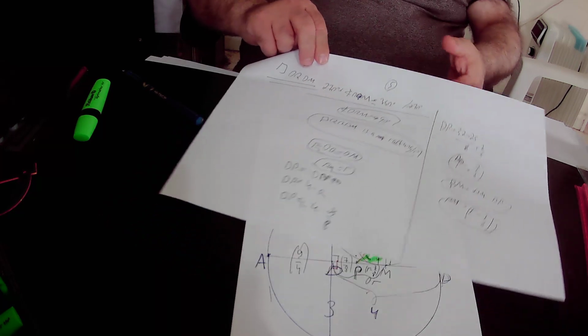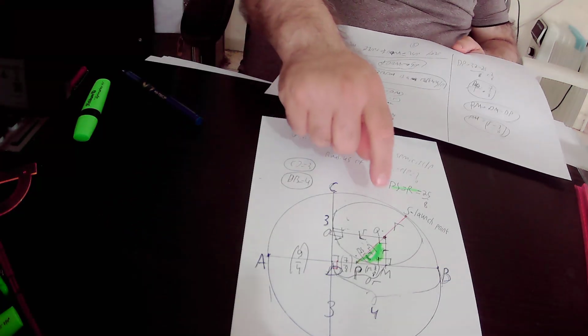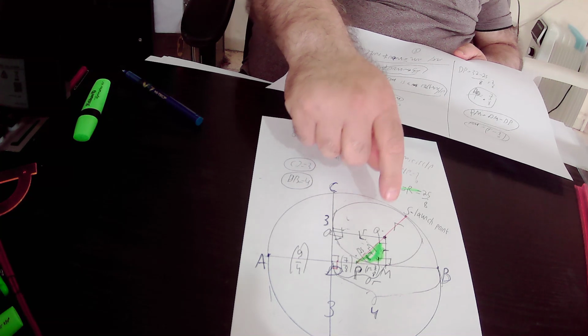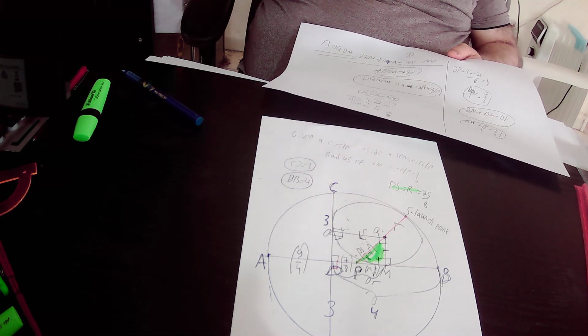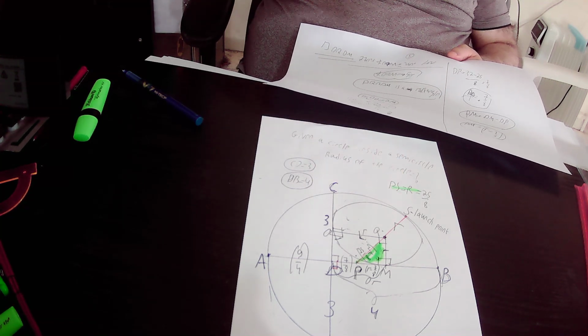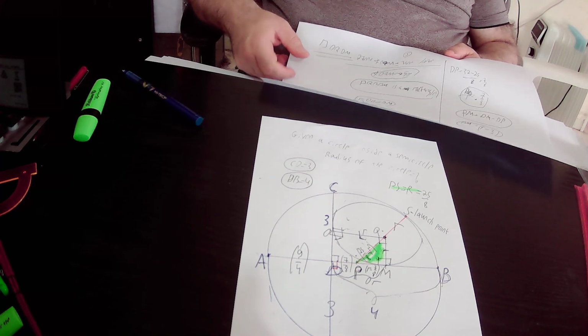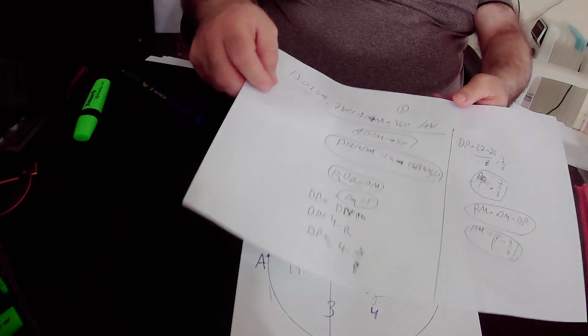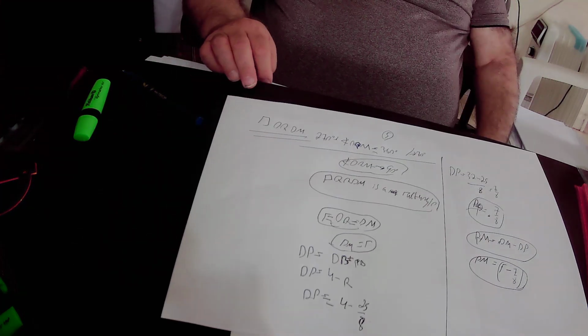So angle OQM equals 90 degrees, therefore in quadrilateral OQDM we have 4 right angles. Any quadrilateral that has 4 right angles, we relate to it as a rectangle.